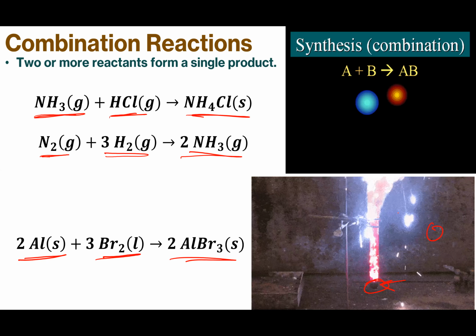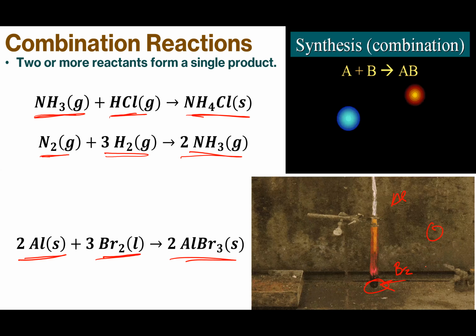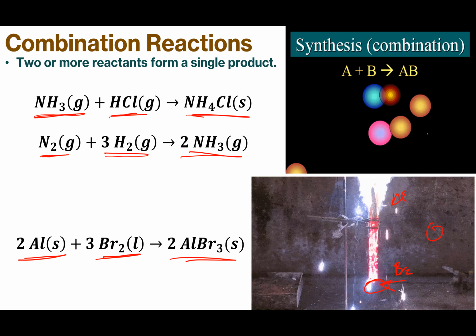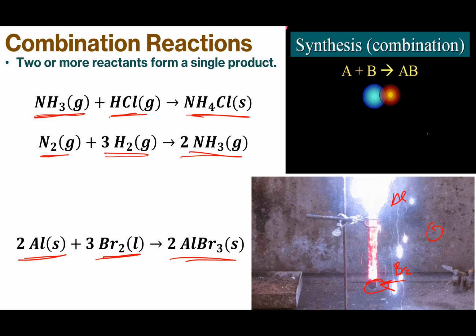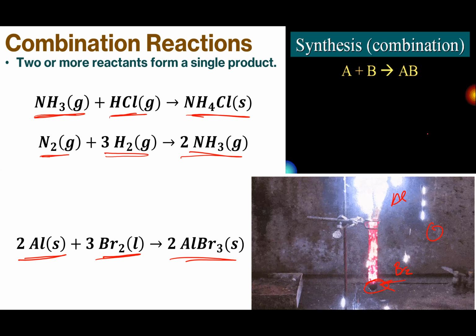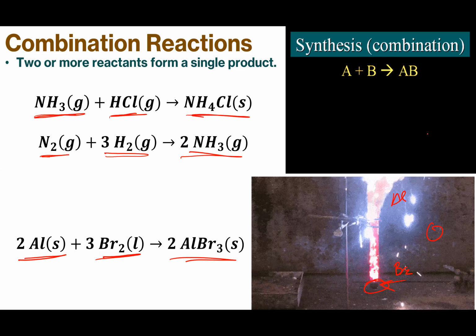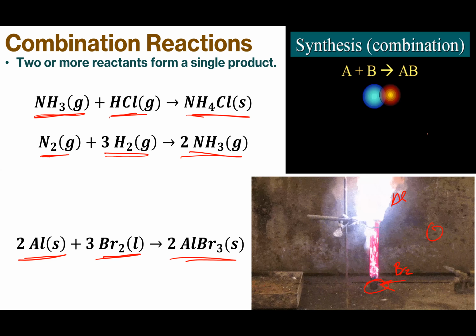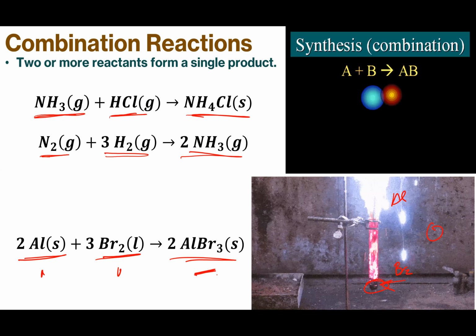So you can just drop aluminum foil into the bromine and the cloud, the smoke that's coming out is aluminum bromide, the product. It's kind of powdery and it goes everywhere. And the sparks are because this reaction just gives off a lot of heat. So it's a really cool looking reaction, but it counts as a combination because we're taking two things and combining them together to make one.